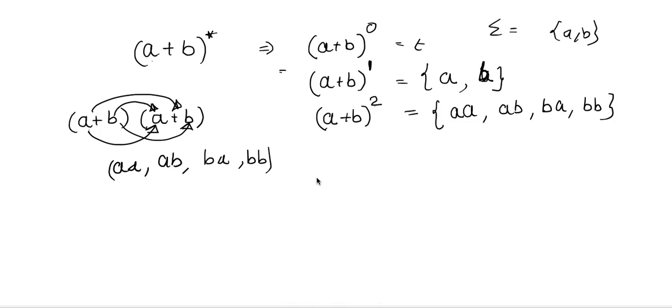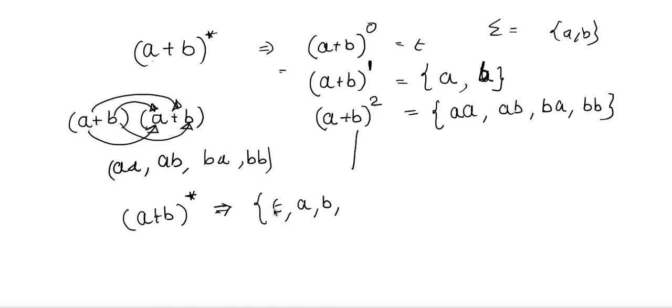Correct? On the same grounds, what will be the language present, or what are all the strings which will be present in (a+b)*, the Kleene closure of a+b? What are all the possible strings? See, epsilon is present here, a is present, b is present.